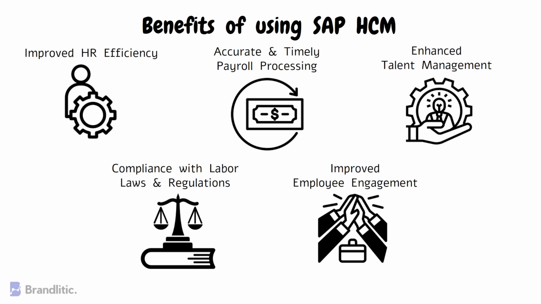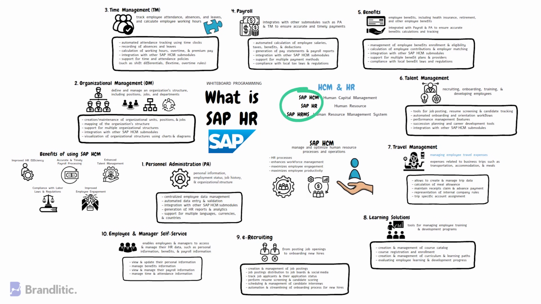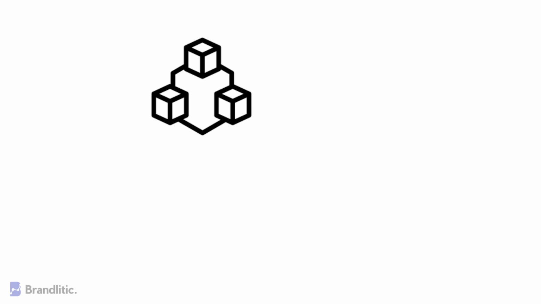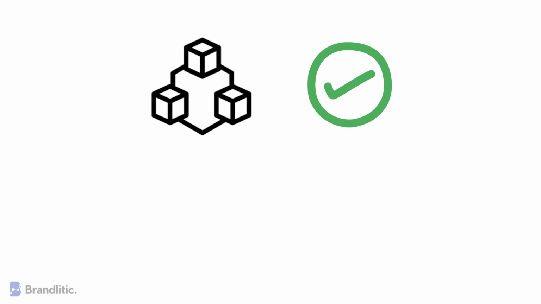And finally, in conclusion, we can say that SAP HCM is a comprehensive ERP solution for managing HR processes and operations. Further, SAP Human Capital Management is a crucial module in SAP that offers a comprehensive set of submodules. Here, each of these submodules has specific features that help organizations manage their HR processes more efficiently.